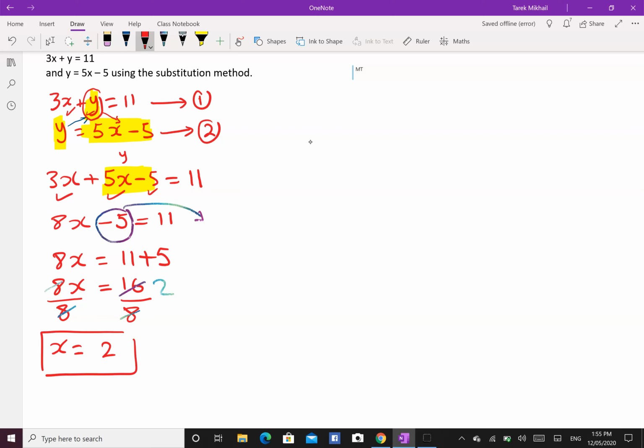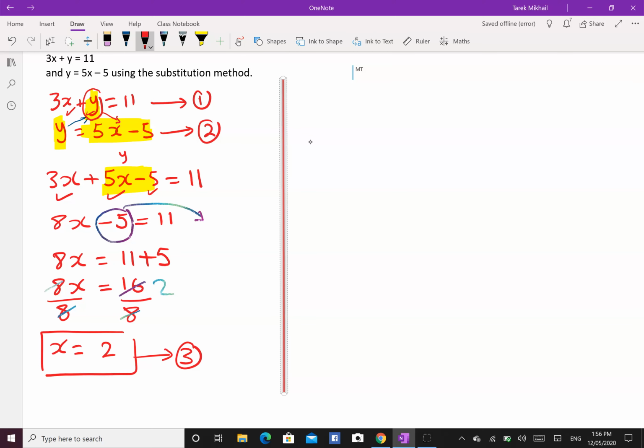Now I've got x, so I'm going to call this equation 3. Now I need to get y, so I need to substitute again.